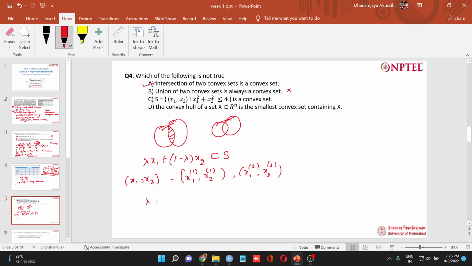So lambda into x1 means here x1 1 plus x2 1 is less than or equal to 4, and plus 1 minus lambda into the other point. The second point is x1 2, and our convex set is less than or equal to 4.